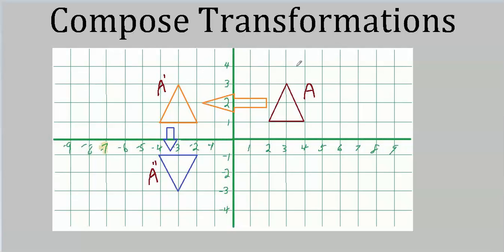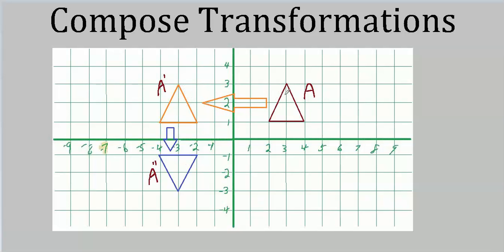After all, suppose we applied this translation transformation to A, and it shifts it over to here, and then we reflect it about the x-axis. Well, this object right here happens to be the result of a transformation. But how do we know that?